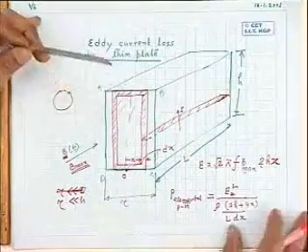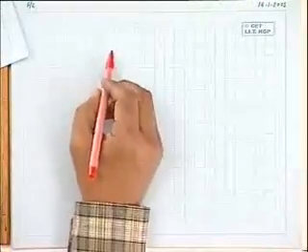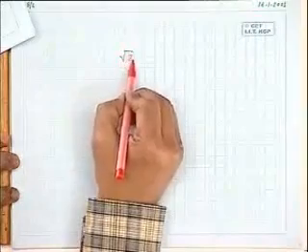if tau is much smaller than the h, the height of this one, I can write it as, I will refer to this diagram once more.